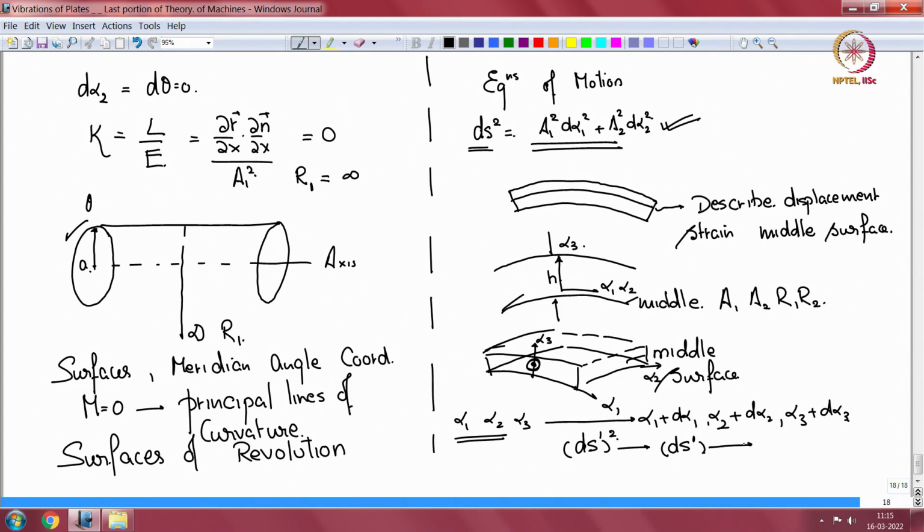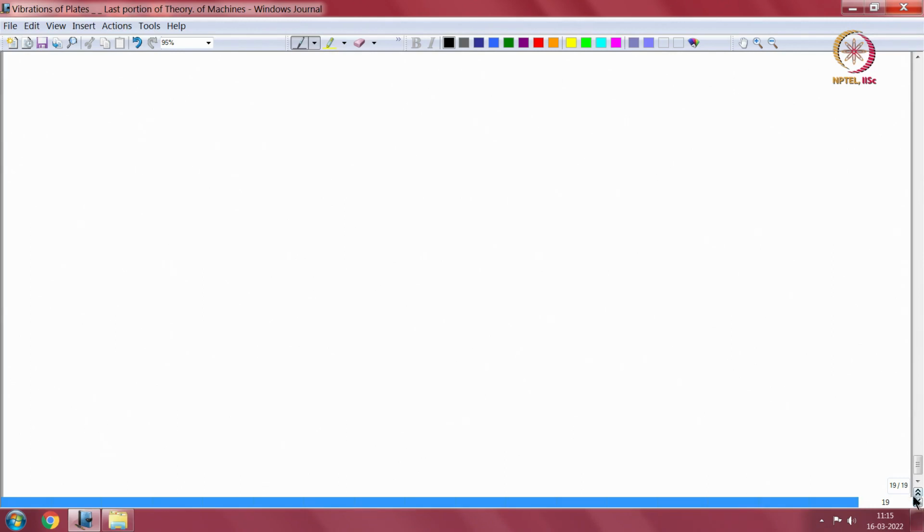Then from this ds dash we will go to ds dash minus the original length, and we will describe elongation or strain of this element, some element between 2 points infinitesimally away from each other. From there we will describe strain.